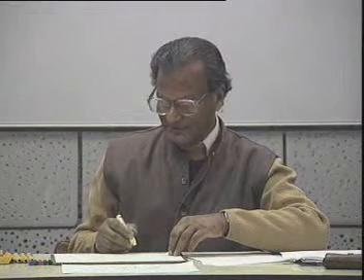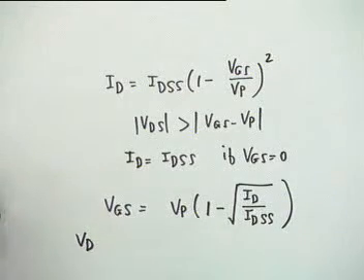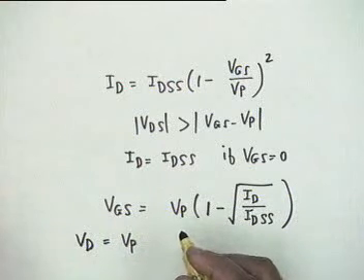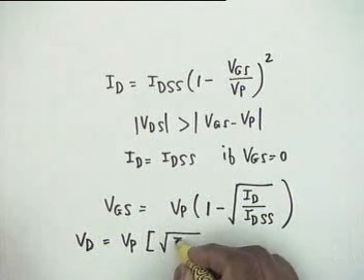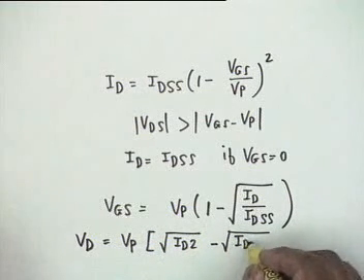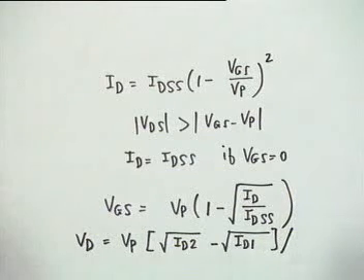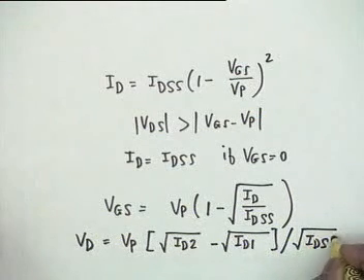And therefore, if I substitute in the relationship for VD, which is VGS1 minus VGS2, what I will get is VP, avoiding these algebraic steps, multiplied by square root of ID2 minus square root of ID1, the whole thing divided by square root of IDSS.